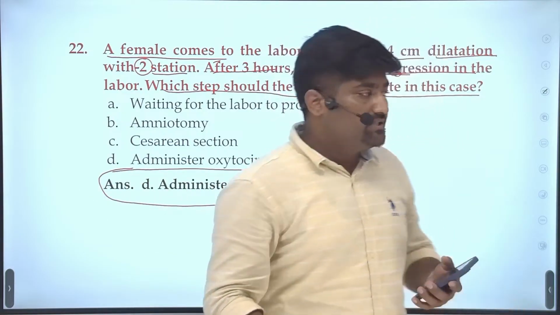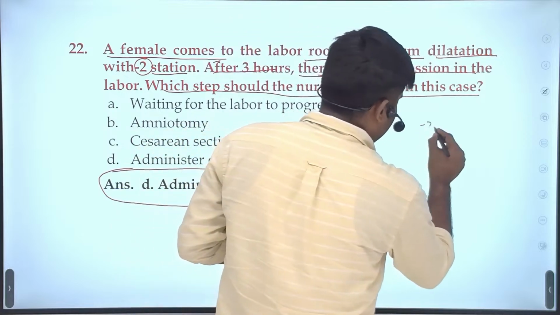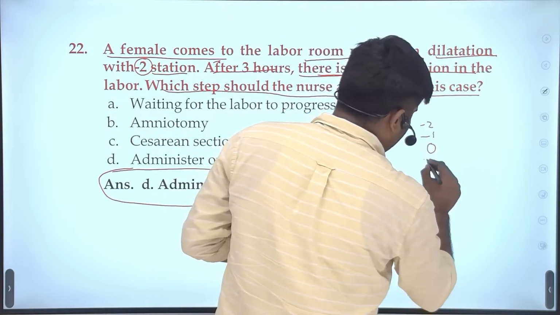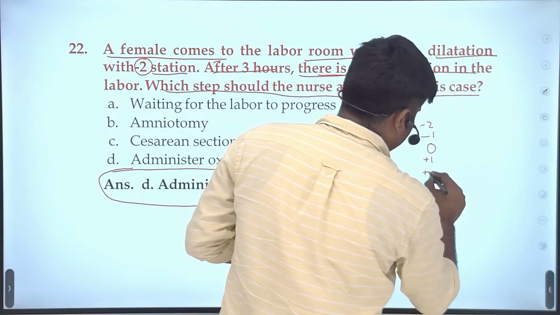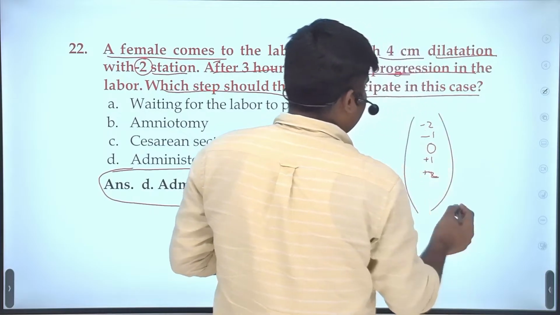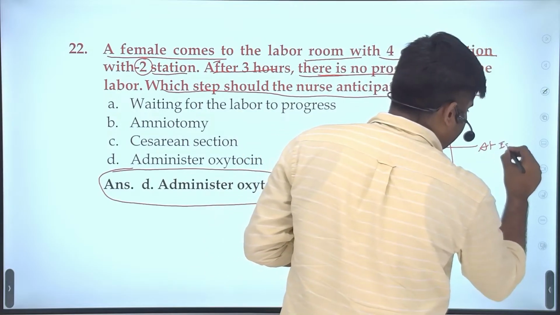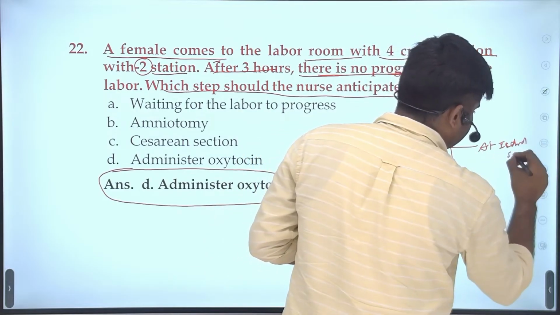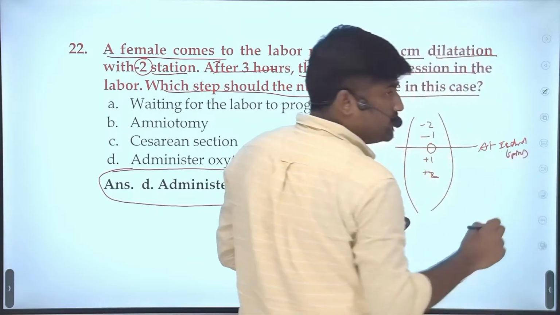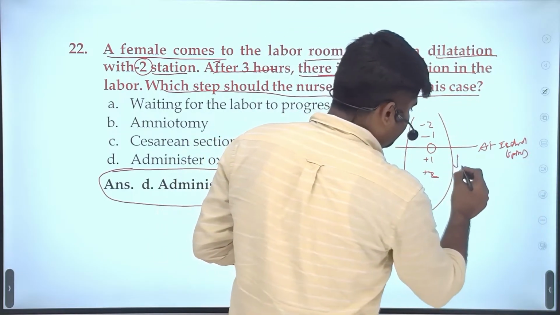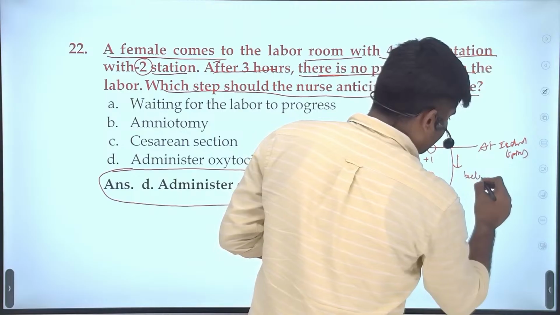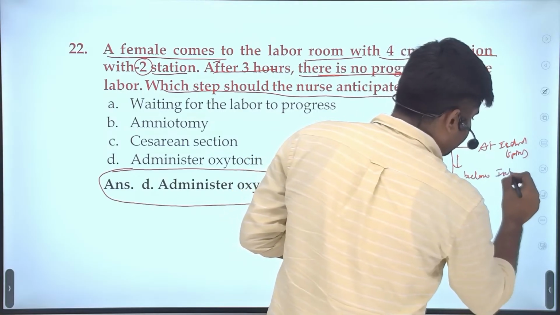Now tell me this fetal head station. -2, -1, 0, +1, +2 station. This is at the level of ischial spine. This is below ischial spine. Don't confuse below ischial spine.